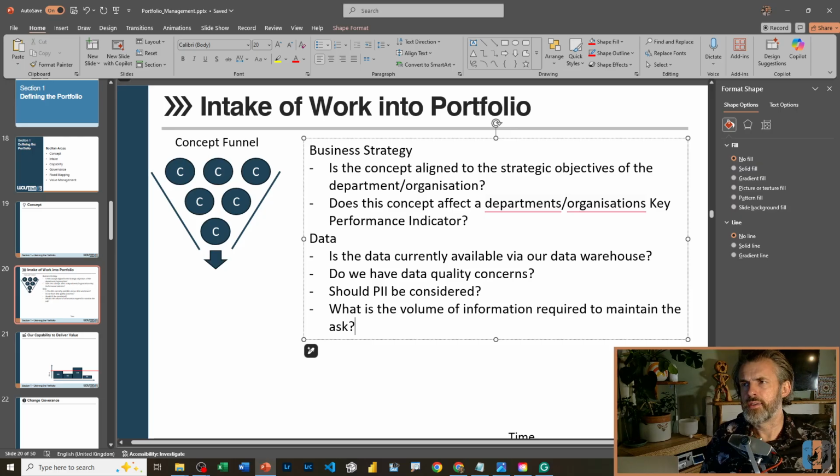But what they do is allow us to categorize whether this is a low risk response to the question or a higher risk response to the question. So actually the PII one, a lower risk response would be that there are no PII considerations. A higher risk response is that there are PII considerations.